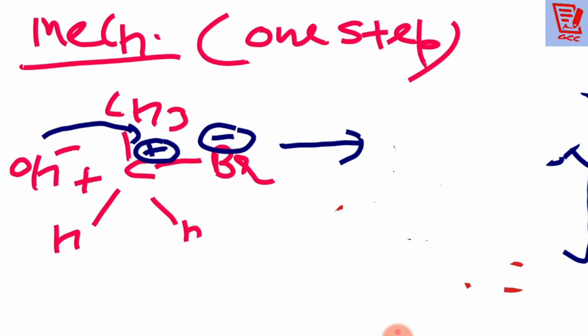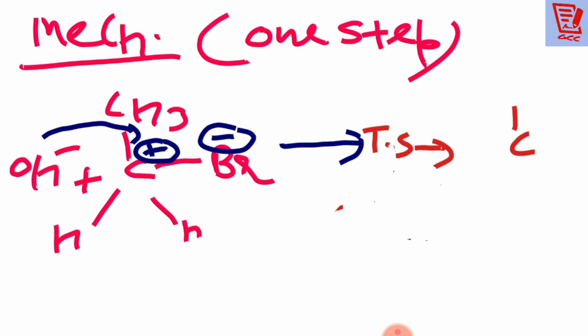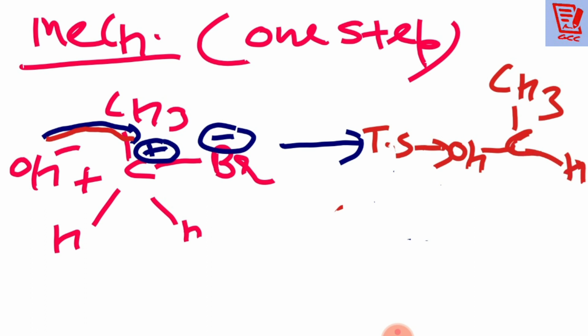Here carbon, then CH3 is there, then OH is coming there, and hydrogen, hydrogen and hydrogen. Clear? This is here, and plus Br negative.